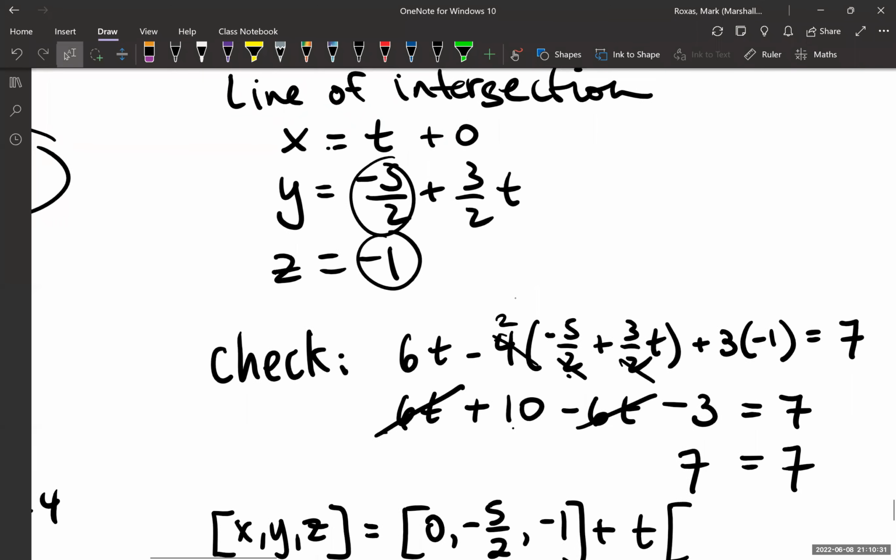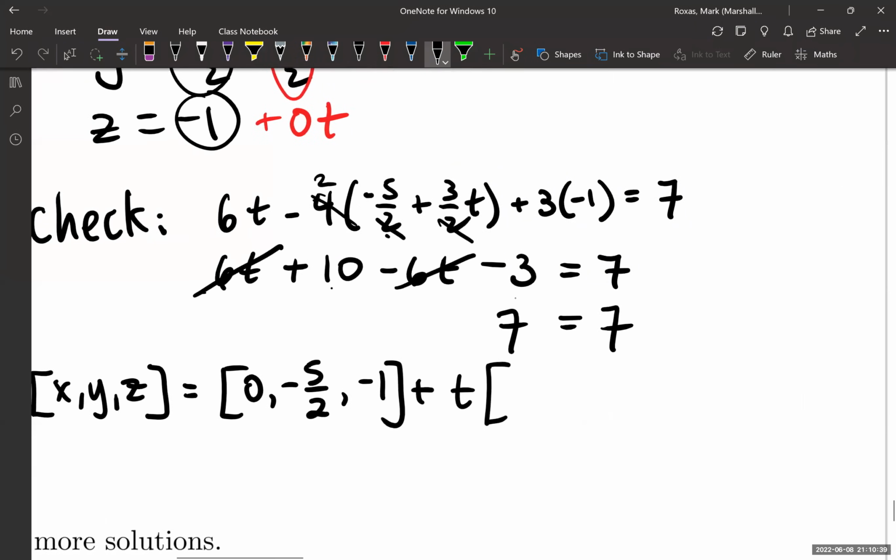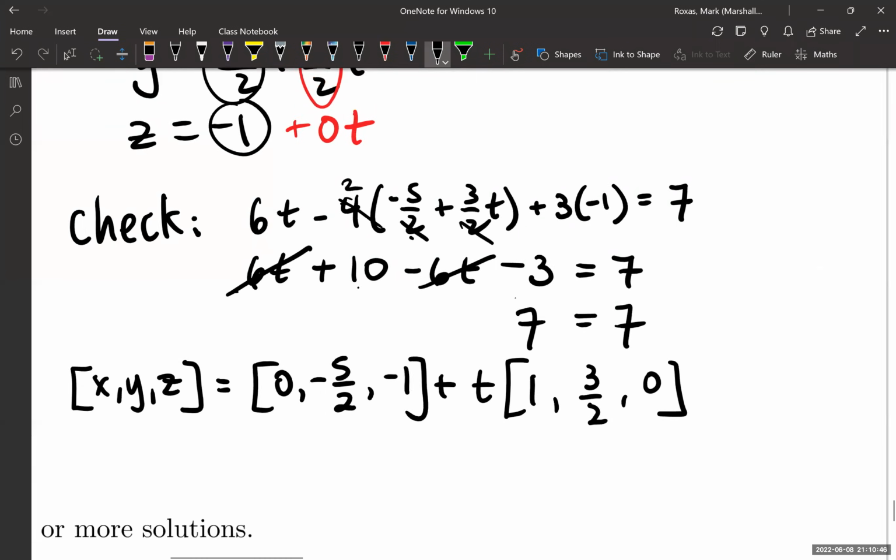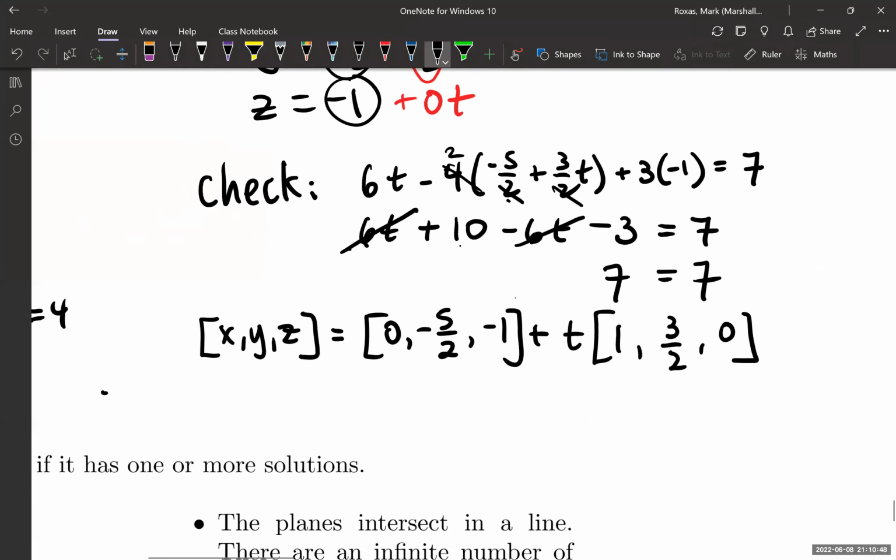So here we have coefficient of 1 for t, 3 over 2, and plus 0t, really, in there. So those are my direction vector components: 1, 3 over 2, and 0. Okay, so there it is. There's my example of finding an equation of a line, the line that's the intersection of two planes.